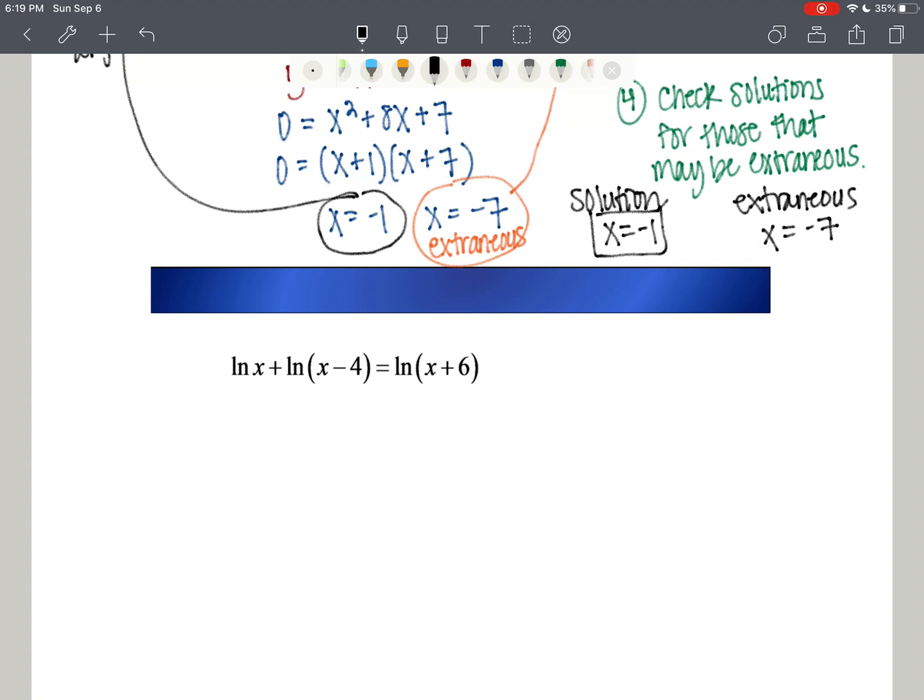Okay, here's another example. And in this example, it's really helpful to know that if you have log base b of x equal to log base b of y, so you're given an equation where you have a logarithm on the left and a single logarithm on the right, and they both have the same base, then their arguments are equal.